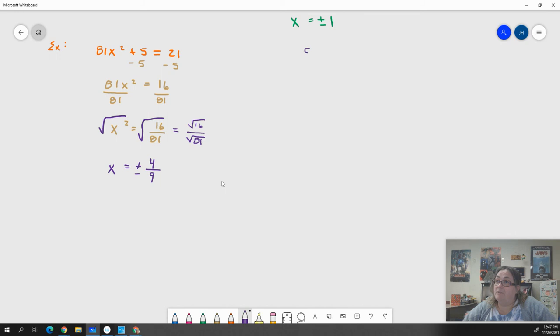Let's look at one that gets worse, because these have all been perfect squares at the end. We need to get some, let's say, not so perfect squares at the end. Let's try 2x squared minus 9 equals 55.